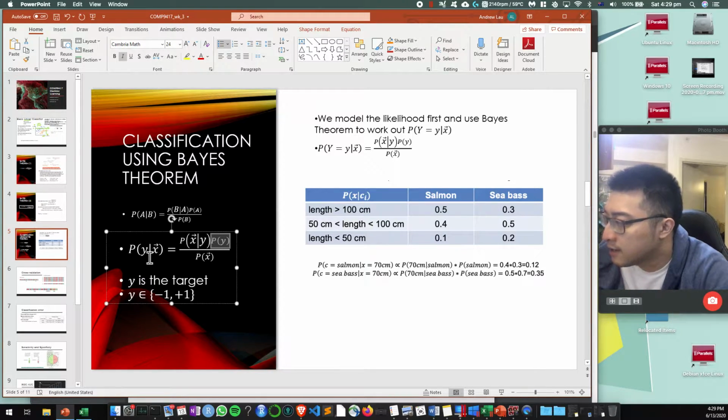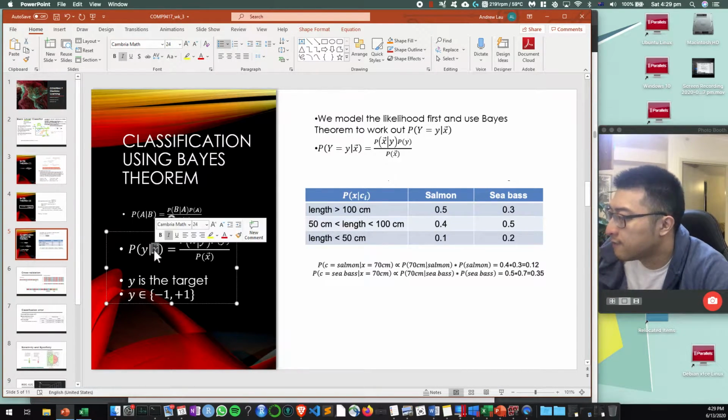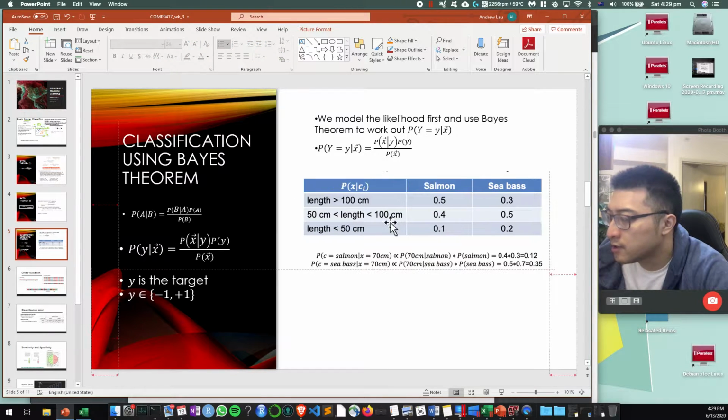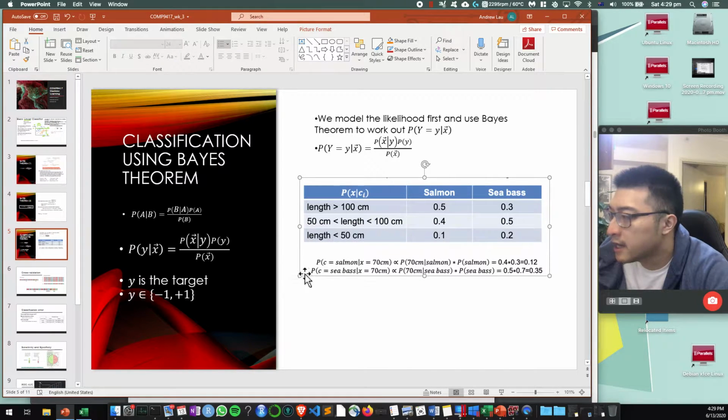So we are basically replacing the A and B with our classification task, where your y is the target and your x will be your features. Again, this is the vector of features for that given observation. So just plug it in. What we're trying to find is the probability of y, say salmon, given the features.